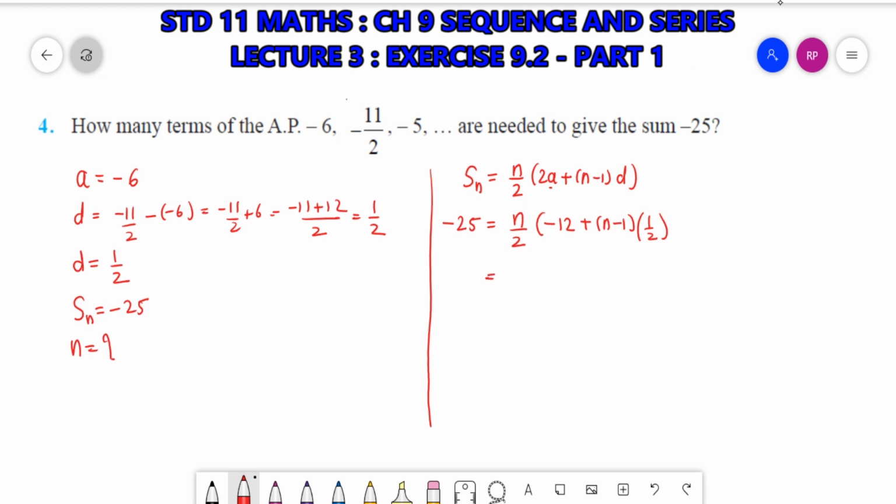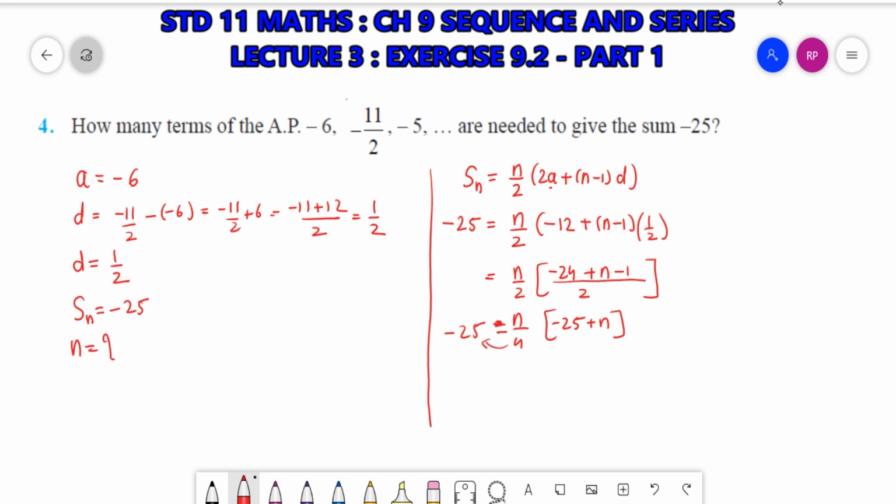Okay, n by 2, taking LCM, minus 12 into 2, minus 24 plus (n minus 1). So n by 2 into 4 minus 25 equal to n by 4 [minus 24 minus 1 plus n].